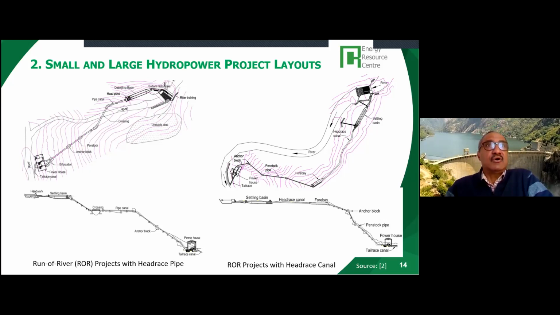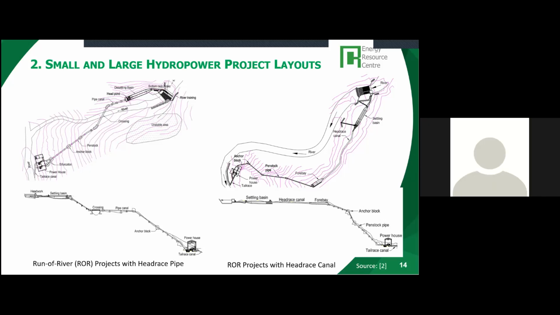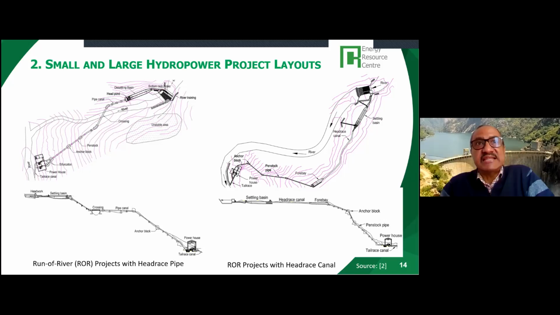These presentations, especially the first session, will cover what was not able to be covered yesterday. Okay, coming back to small and large hydropower project layouts, I started with the layout components of the mini hydro projects, which are on a slightly smaller scale. But I wanted to introduce you to slightly larger small hydropower projects also.